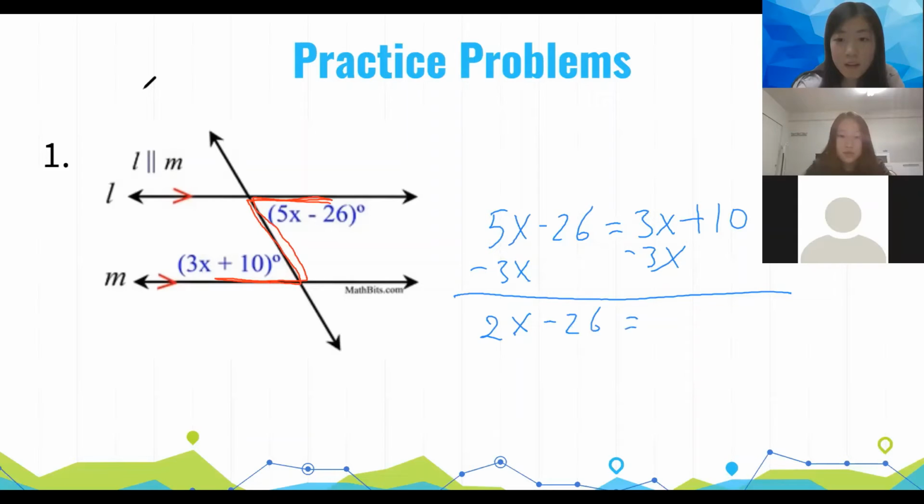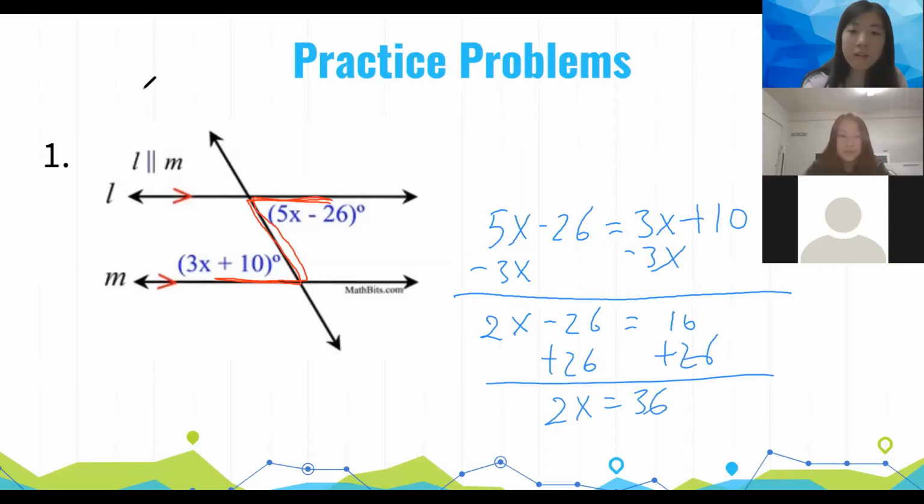So then you'll divide by 2 on both sides, wait, no. You have to add 26 on each side. So it'll be 2x equals 36. And then you divide by 2 on each side, which will be x equals 18. Yeah.